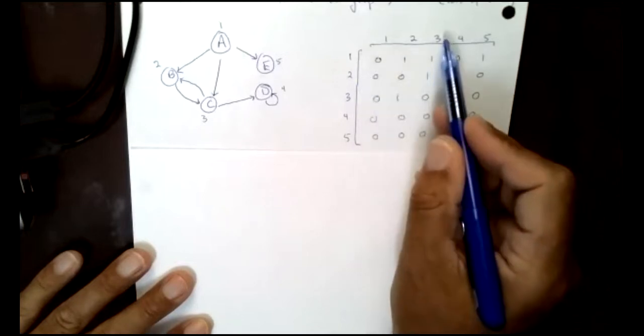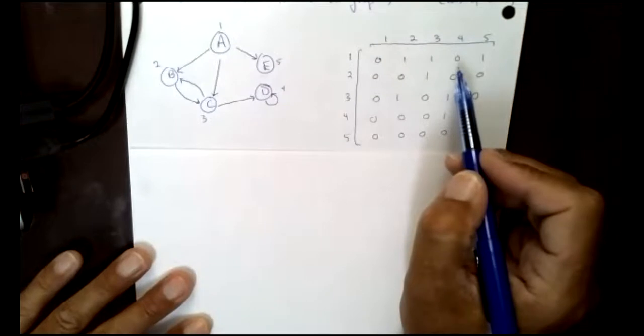Does 1 fly to 3? The answer is yes. Does 1 fly to 4? No, and yes. So I can now start to take this into my computer world, and by storing all this information in my matrix, I start to see a way that I can handle this information programming-wise.